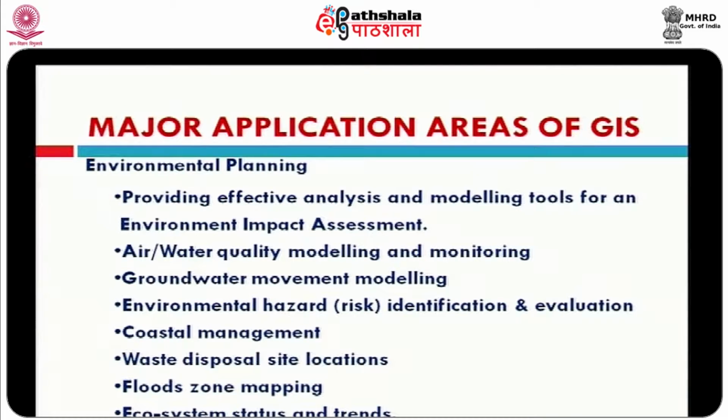Then you also talk about flood zones and the ecosystem. When I talk about flood zones, in fact, people are still finding it difficult, especially in places like Chennai, where it is flat in nature, flooding. Because if it is undulating topography, flooding is such a simple phenomenon, there is no problem, water will just simply move away.